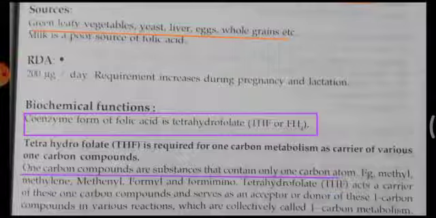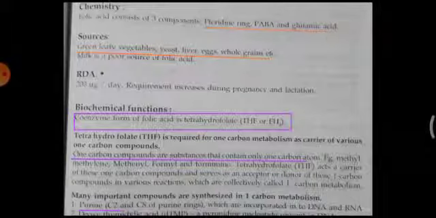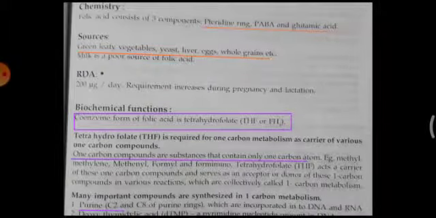The one carbon compounds are substances that contain only one carbon, such as methyl group, methylene group, methenyl group, formyl group, and formimino group. Tetrahydrofolate acts as carrier and serves as acceptor or donor of these one carbon compounds. Hence, in various metabolic functions involving one carbon, folic acid is very essential.